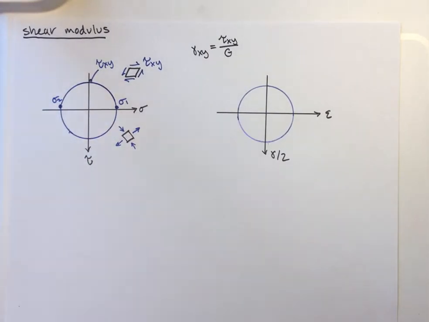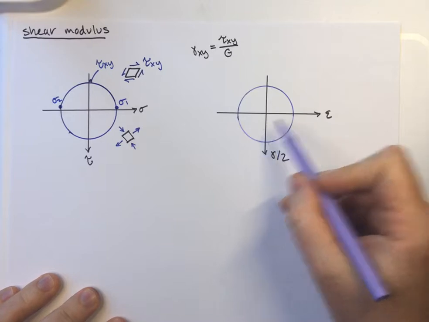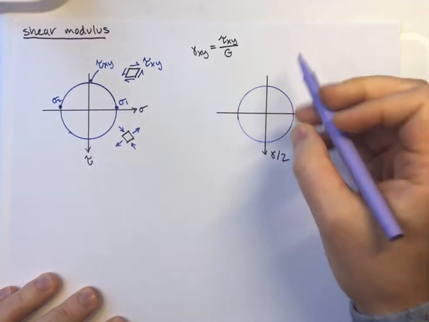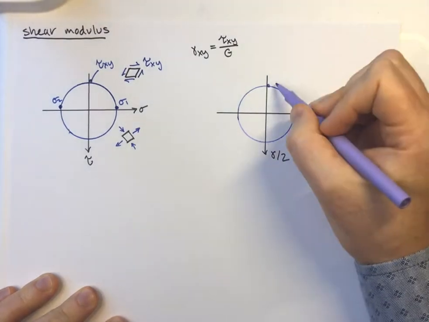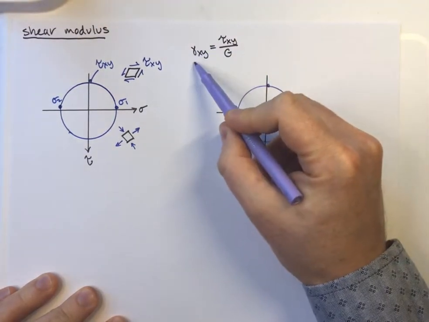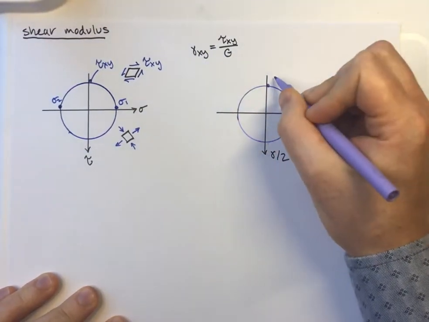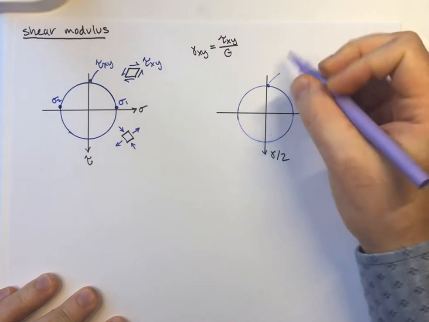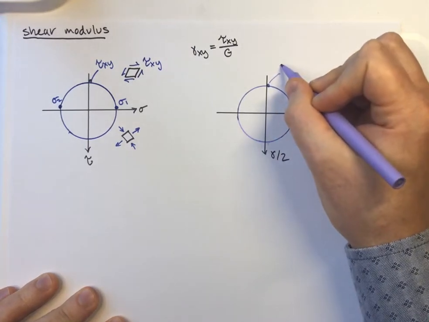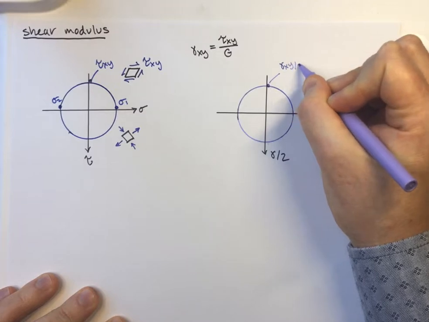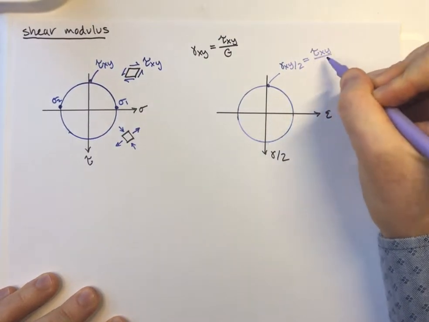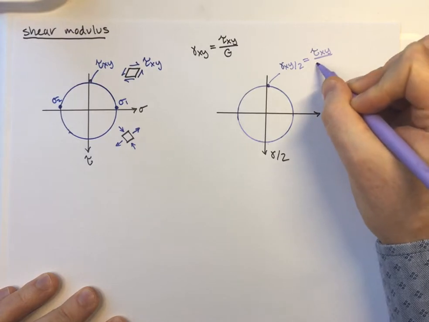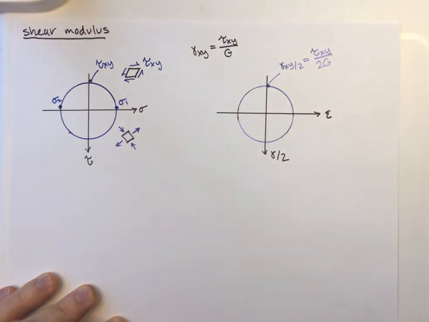And so if I go and look at my Mohr circle in strain, all I need to do to figure out this value, so at the very top there, is take that value, gamma xy, and divide it by 2. So this point here is going to be gamma xy over 2, which is equal to tau xy over 2G. There we go.